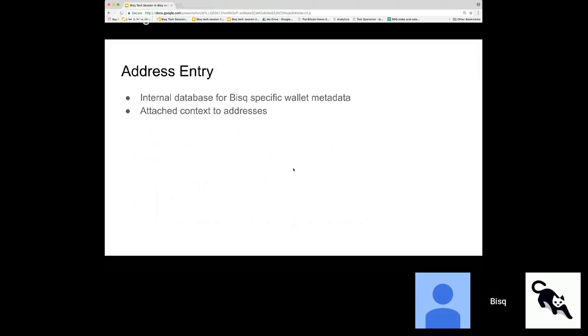Yeah, in Bisq we want to maintain the state of addresses which are used in the trade protocols. So when you are creating an offer, you're creating this maker fee transaction, and one output of the maker fee transaction is exactly the Bitcoin amount you need for when somebody takes your offer.